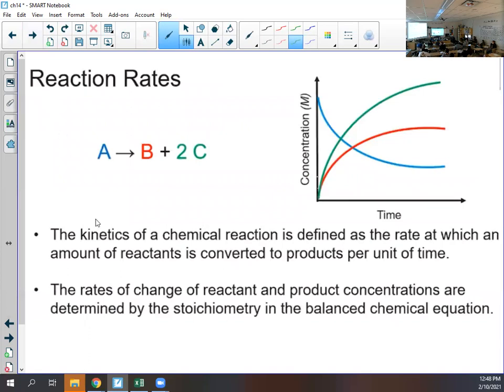In summary, the kinetics of a chemical reaction is defined as the rate at which an amount of reactant is converted to products per unit of time. Somewhere I screwed up my English there, but whatever. The rates of change of reactant and product concentrations are determined by the stoichiometry in the balanced chemical equation. All right, these graphs, by the way, this is not something that's tested usually, but the shape of this graph can also tell you, you will see that the red and the blue roughly changed the same, but the green changed twice as much as the red, roughly.